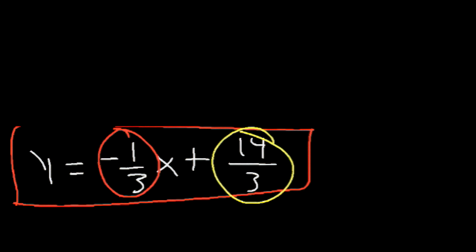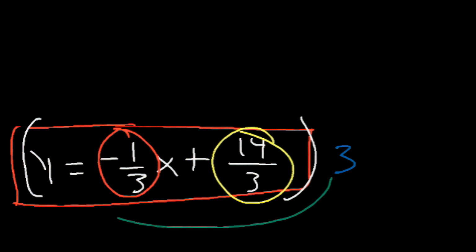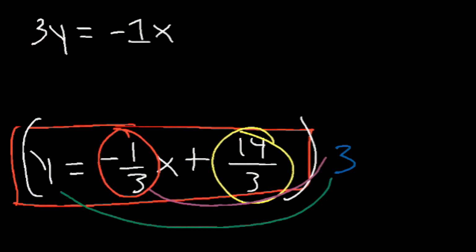Now let's put this equation in standard form. The first thing we need to do is get rid of the fractions. So let's multiply both sides by 3. 3 times y is 3y, and 3 times negative 1/3 x, the 3's cancel, so it's simply negative 1x.